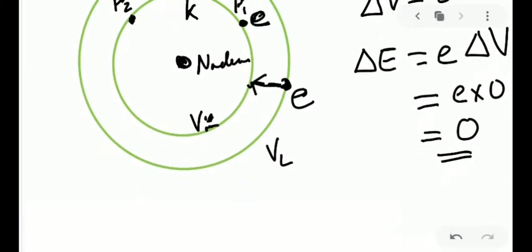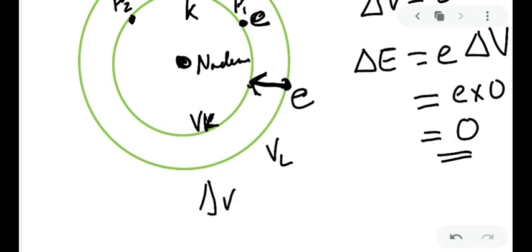So what is the energy required for this process to happen, to make the electron jump from, so this is Vk, okay, so don't get confused. What will be the energy required to move the charged electron from surface L to surface K? You just want to find the potential difference.